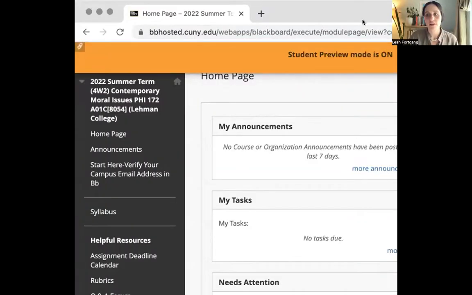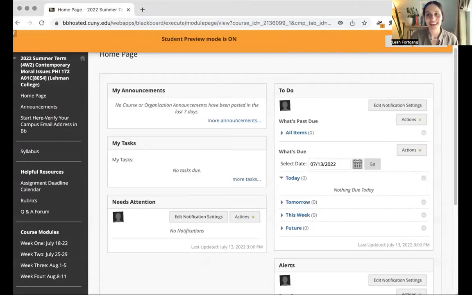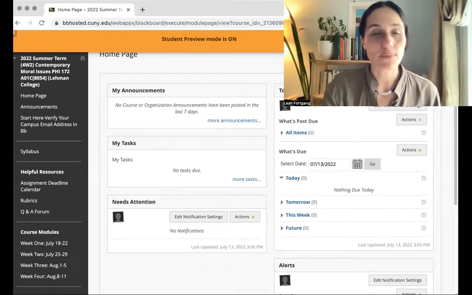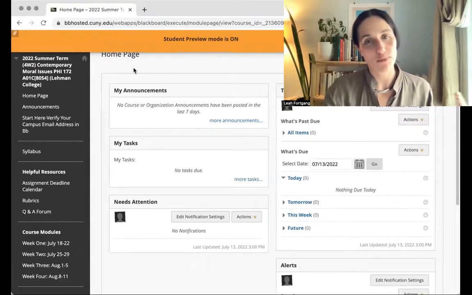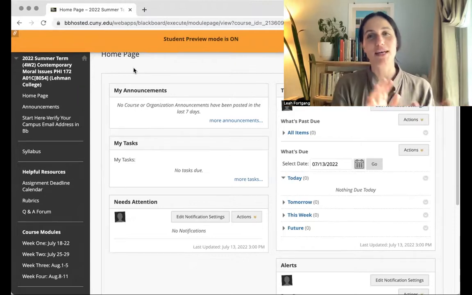Okay, so very quickly, we are going to do a very brief how to navigate the course Blackboard. It just says student preview mode is on because that's the only way that I can make my Blackboard look somewhat like the Blackboard you see, although I'm sure there's some variation.